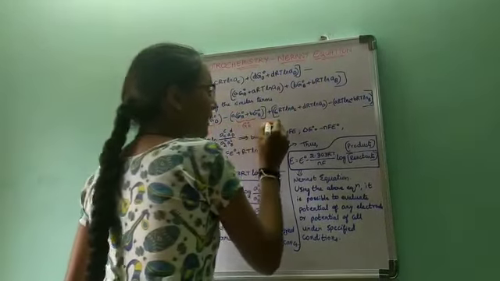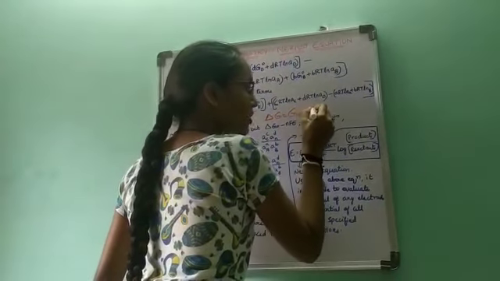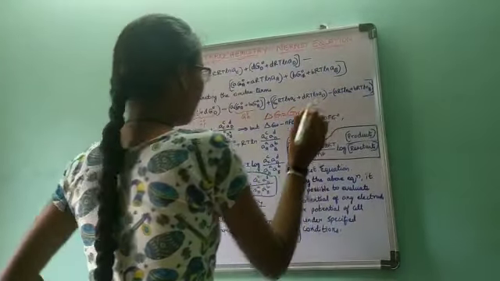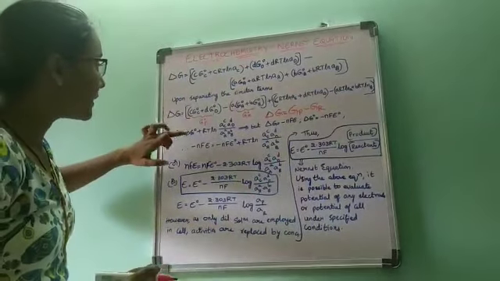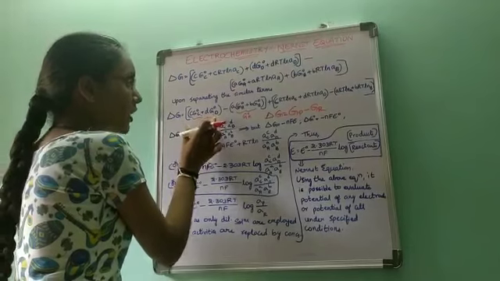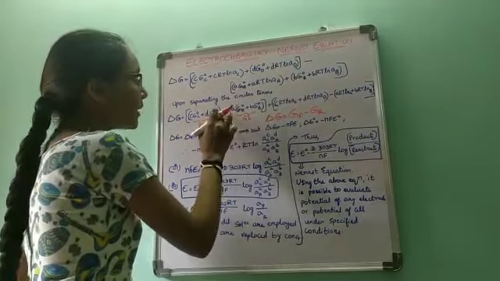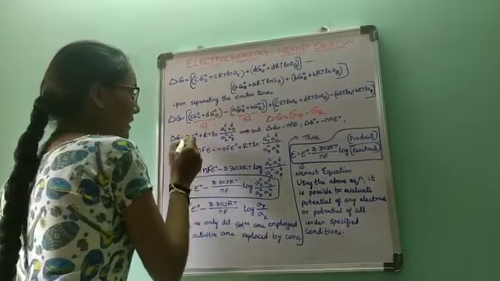As we know that delta G equals G products minus G reactants, under standard conditions this can be written as delta G naught.